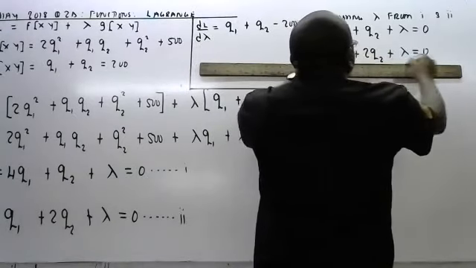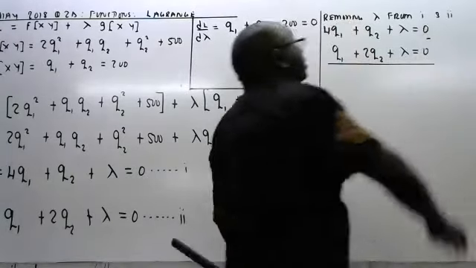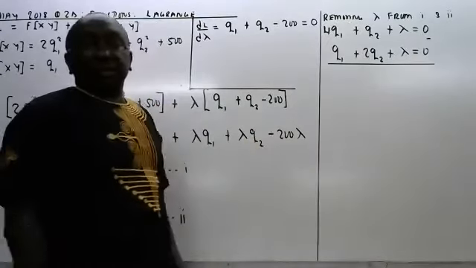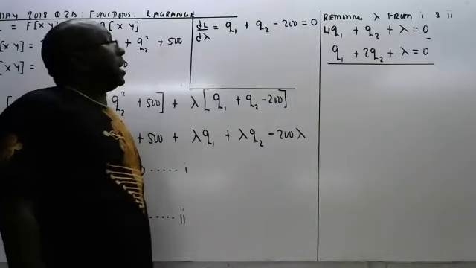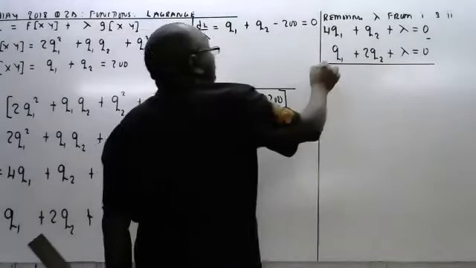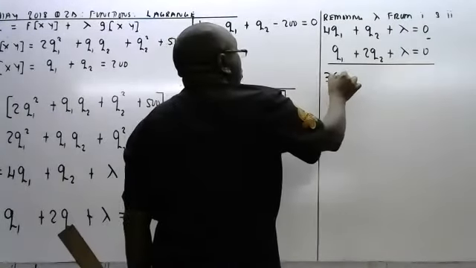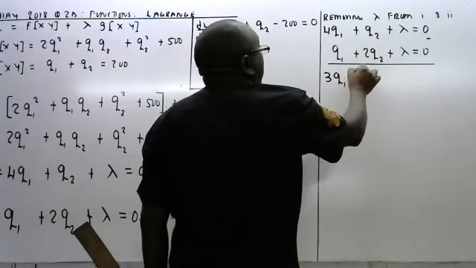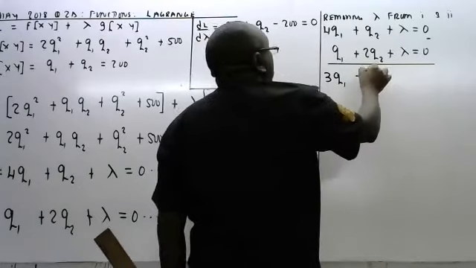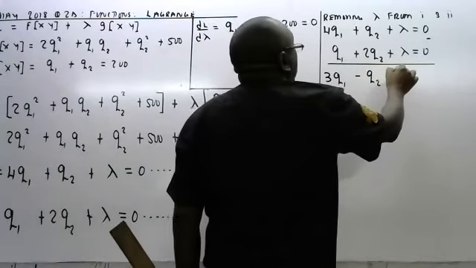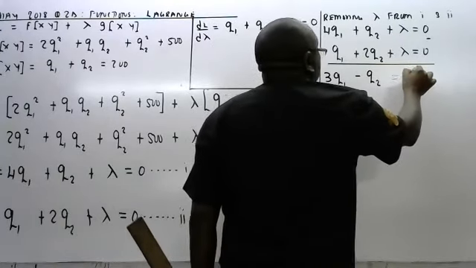Then we remove lambda by subtracting. When you subtract, you are left with 3Q1 minus Q2 is equal to 0.